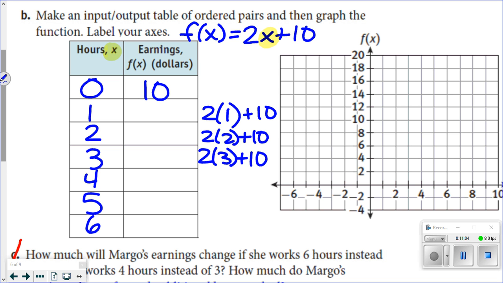But if she's earning $2 per hour, we're just going to go up by $2 every time, right? 2 plus 10 is 12. So we're adding 2 every time because she's earning $2 per hour.